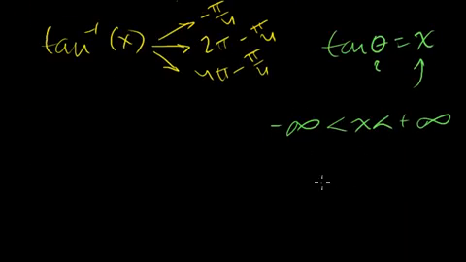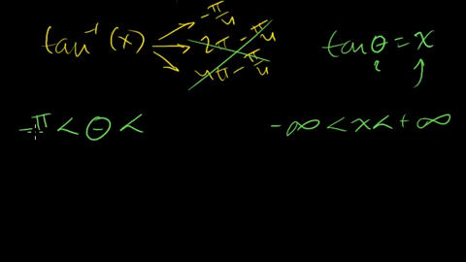So if I'm just dealing with vanilla tangent, not the inverse, the domain of tangent can go multiple times around. But if I want to do inverse tangent, so I don't have a one-to-many mapping, I want to cross out all of these. I'm going to restrict theta, or my range, to be greater than minus pi over 2 and less than positive pi over 2.